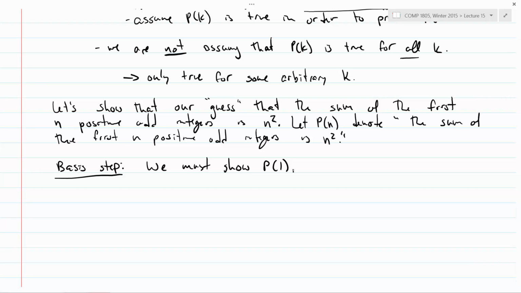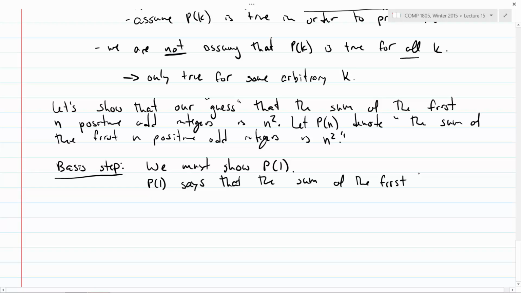P(1) says that the sum of the first 1 positive odd integers is 1 squared. And 1 squared is the same as 1.